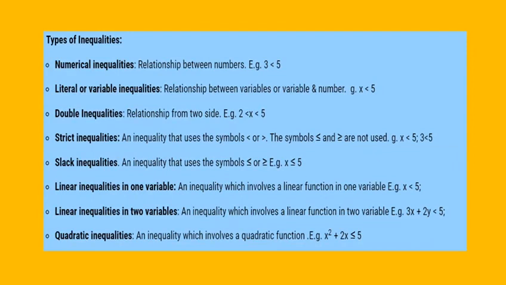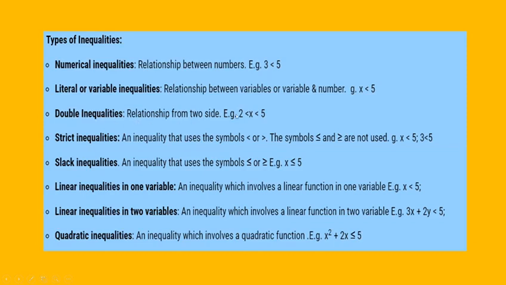Types of inequality. Let us discuss the types of inequalities. Numerical inequalities, that means relation between numbers, for example 3 < 5. Literal or variable inequalities, that is x < 5, an inequality between a number and a variable.